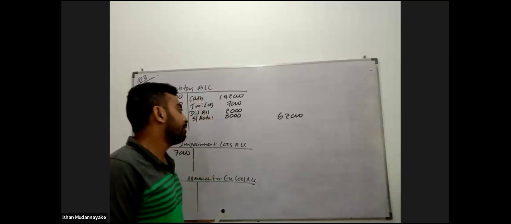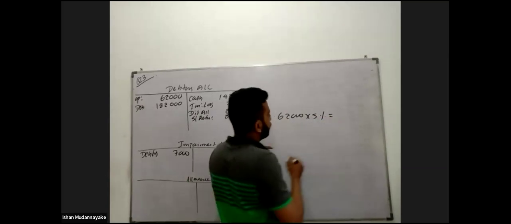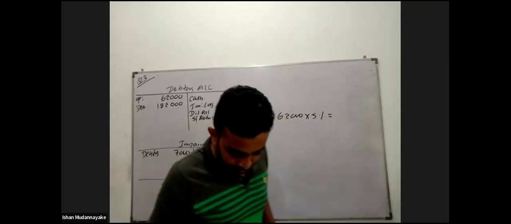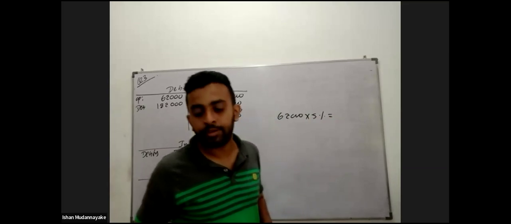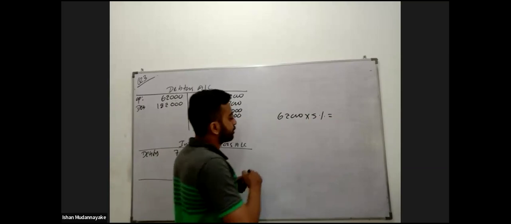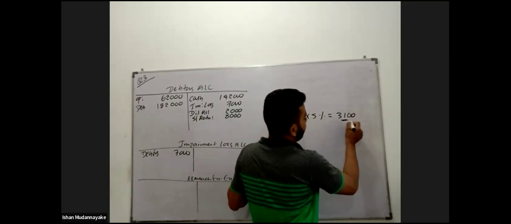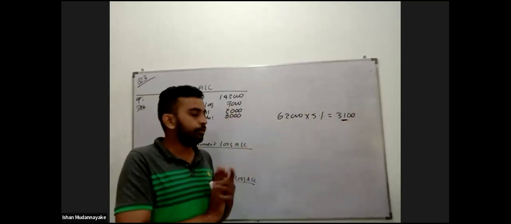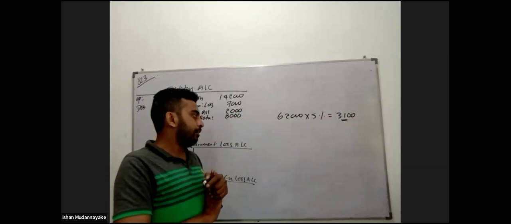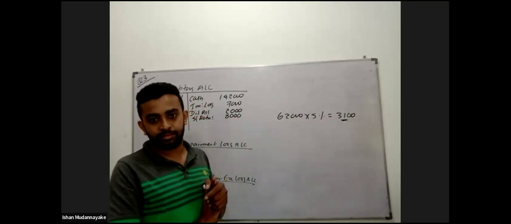Here 62,000 into 5%, how much? 3,100. The opening allowance for expected loss balance should be 3,100.